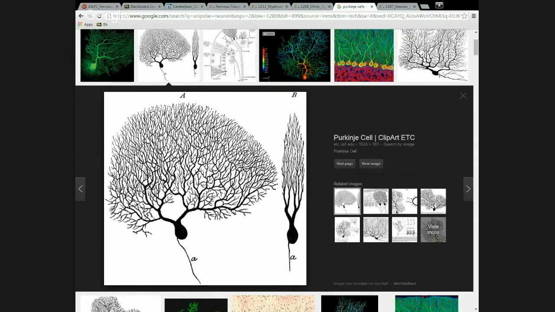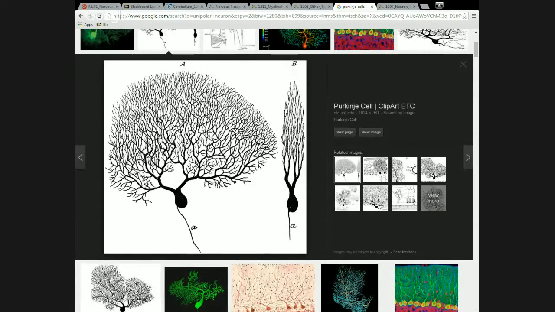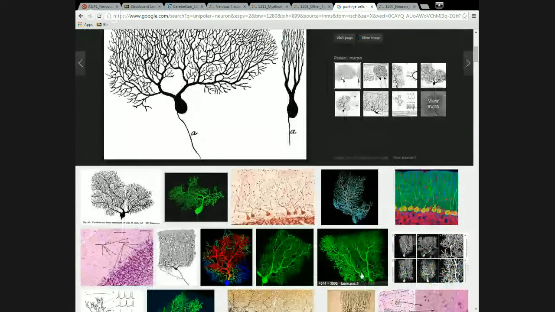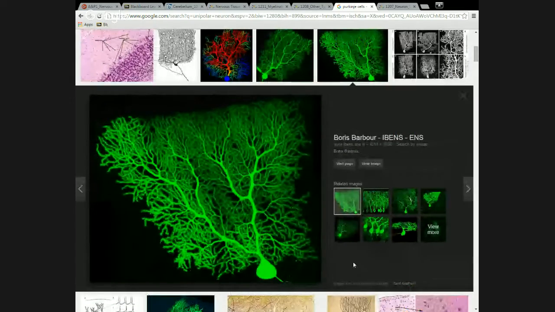Nowadays, when we're looking at a cell like this, we're more often going to stain like this. Now, this is a fluorescently stained cell. And what they've done is they've taken a little micro injector and injected a fluorescent dye into the cell. That dye actually associates with the cell membrane, but it looks like it's filling the cell because it's basically coloring the entire outside surface or inside surface of the cell membrane.